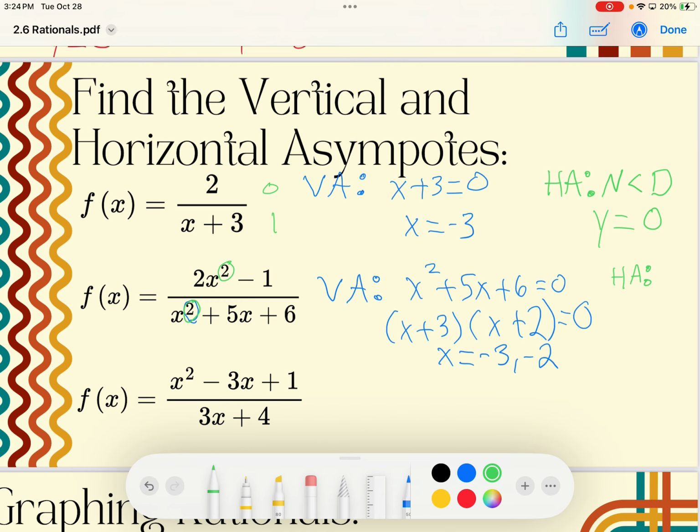Be careful. Remember, the degree is the highest exponent, so what's our degree of the bottom? Also 2. So this time n and d are equal, which means that I look at my leading coefficients. The top leading coefficient is 2. The bottom leading coefficient, if there's not one, is understood to be 1. And 2 divided by 1 gives us 2.